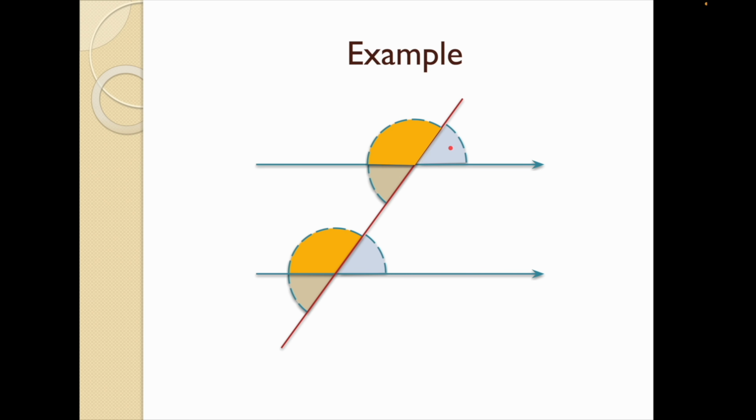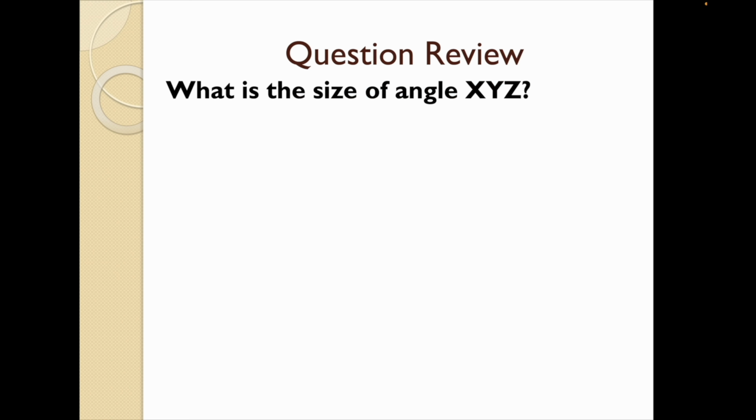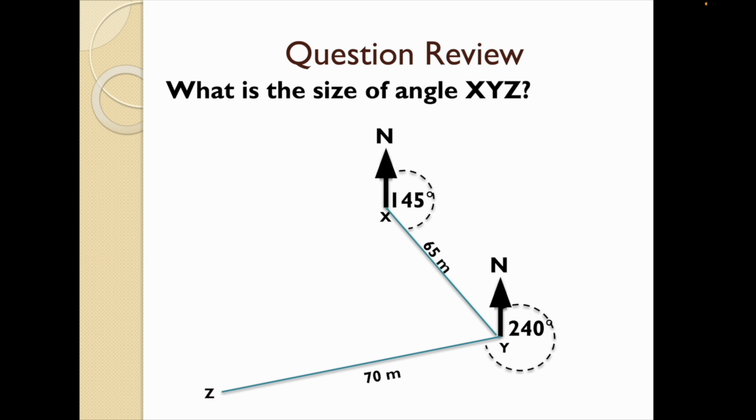Okay. Now I'm going to take this here to show you a point. So we have this angle here, this question here. Now, before I even talk about this question, I want to dial back into us looking at these north lines. So these north lines are very important. Why do I say they're important?